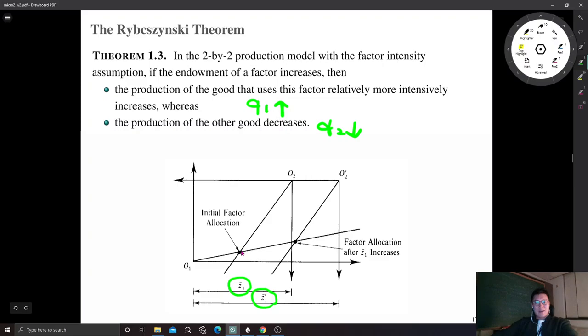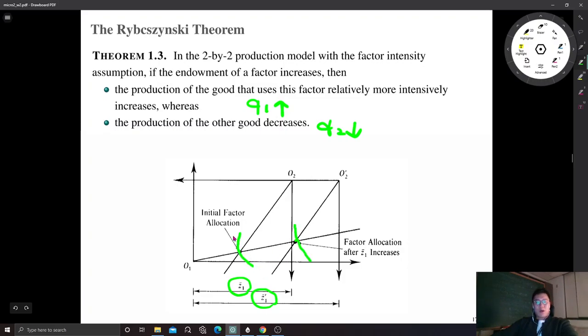Okay? So before this endowment changes, the intersection was right here. Okay? But after the change, we have a new intersection right here. Okay? So, because production of good one is more intensive in factor 1, and there is more factor 1, intuitively firm 1 will expand its business by producing more.